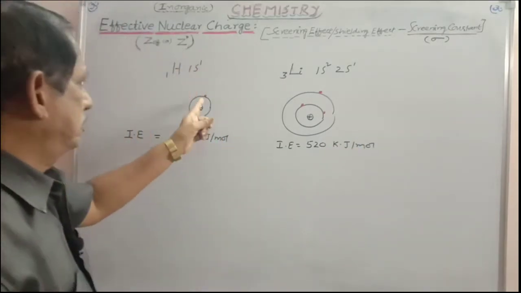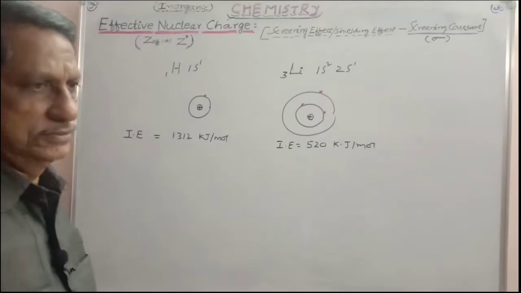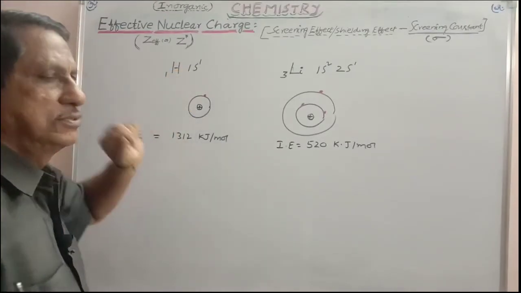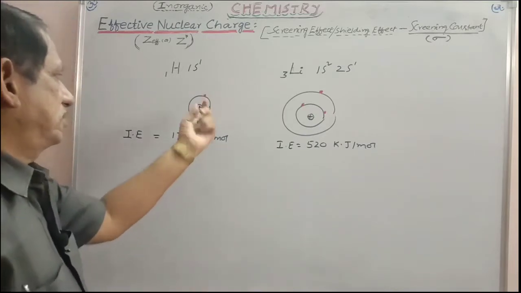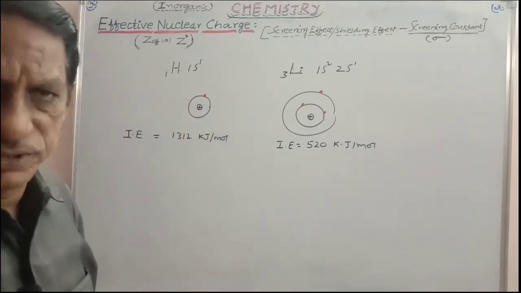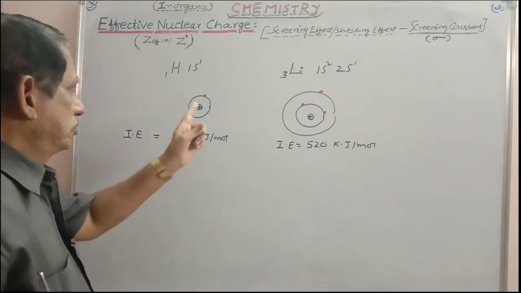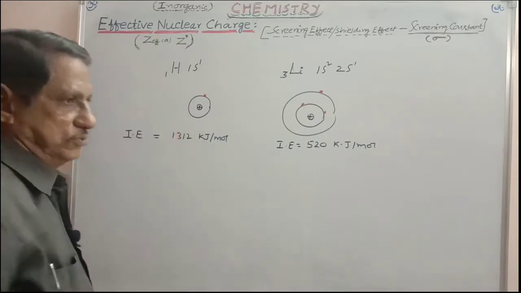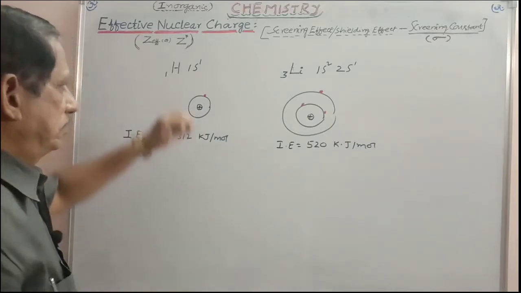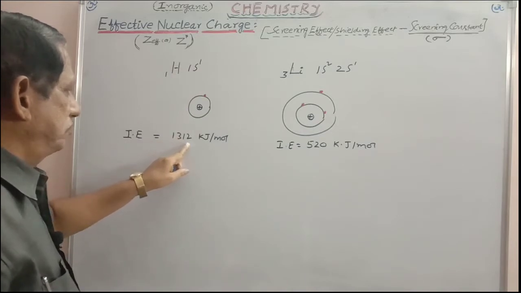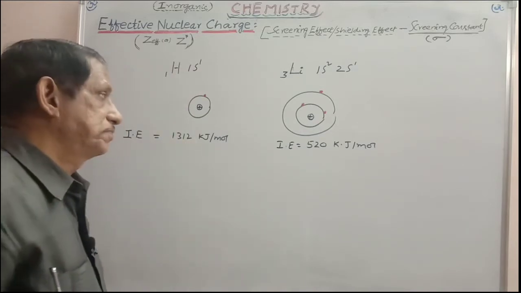That means the energy required to remove the valence electron. Generally, this valence electron is under the control of the nucleus. There is a force of attraction between the nucleus and the electron because they are oppositely charged. So if you want to remove this electron, you have to supply energy to break the attractive force. Here the electron can be removed by supplying this much energy, right?